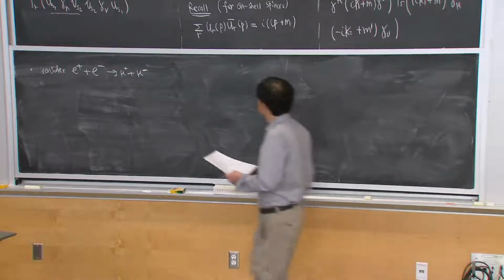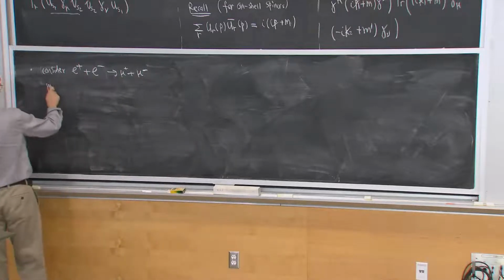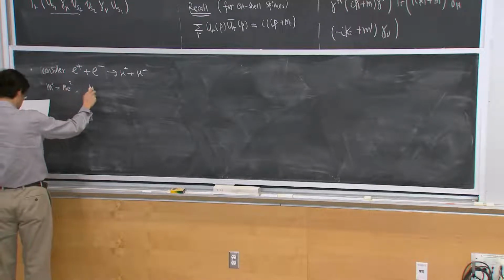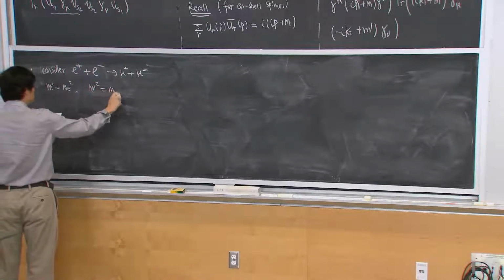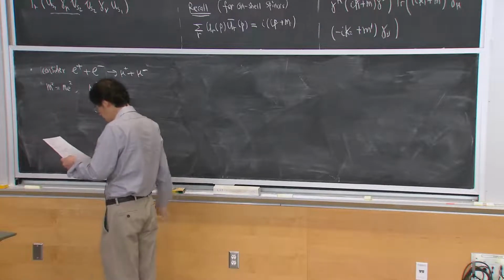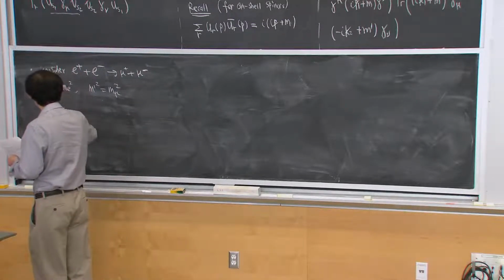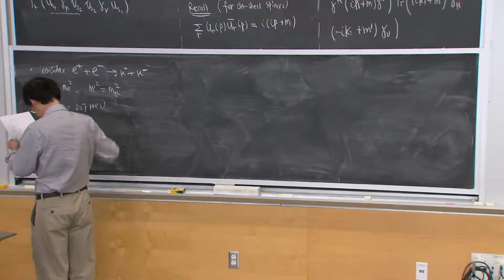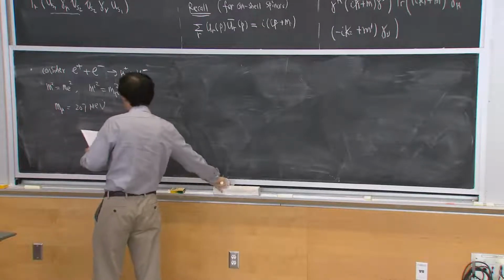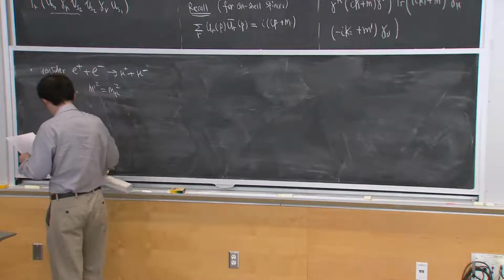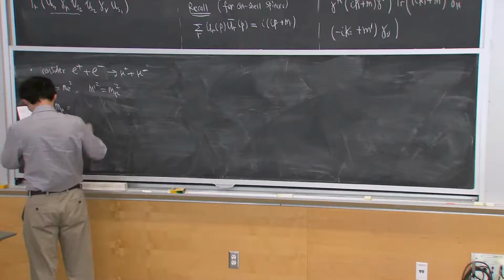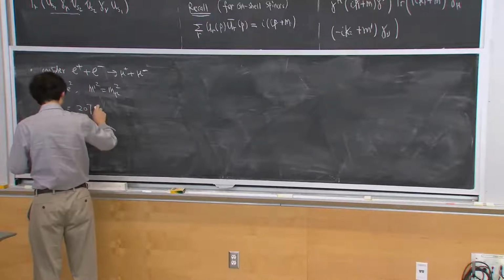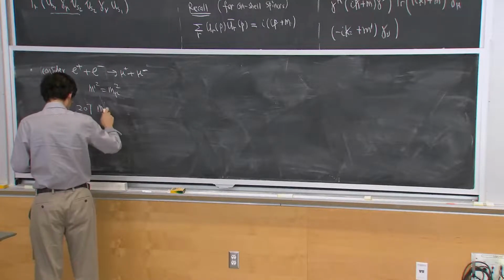So in this case, m squared will be m_e squared, and m prime squared will be m_mu squared. The muon mass is 207 times the mass of the electron.